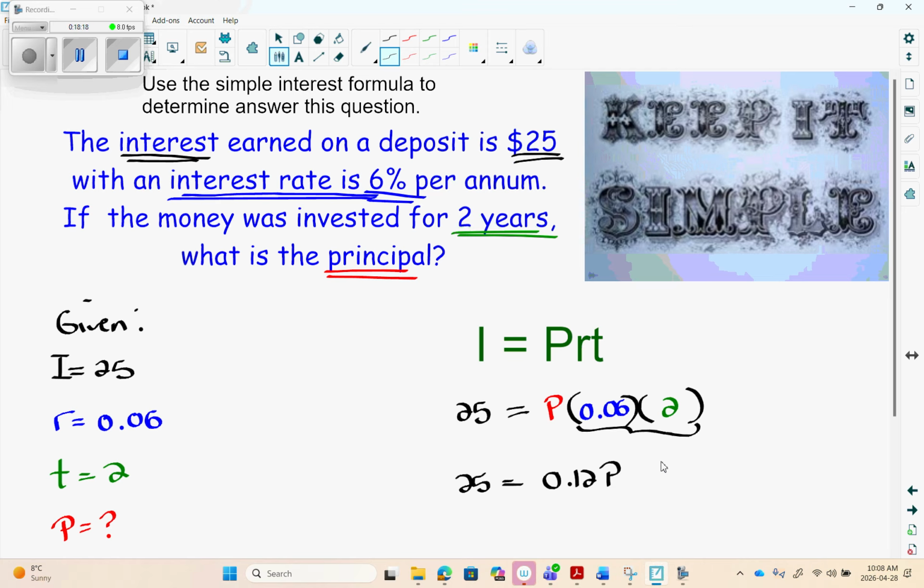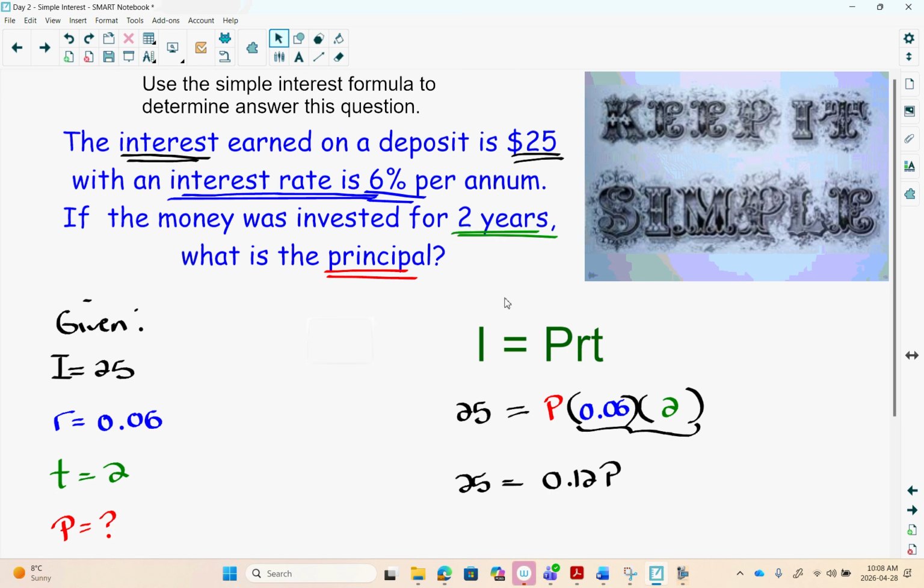Does it matter? Like, could I have written this that way? Sure. How would you get rid of the times 0.12? Right, we're used to doing this from our previous units. So all I do at this stage is I'm going to divide both sides by whatever that decimal happens to be.